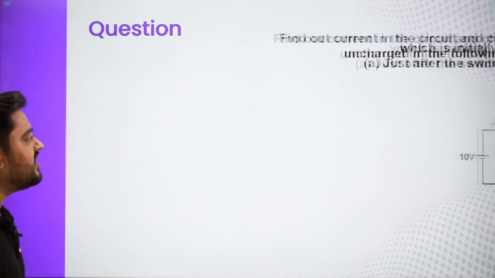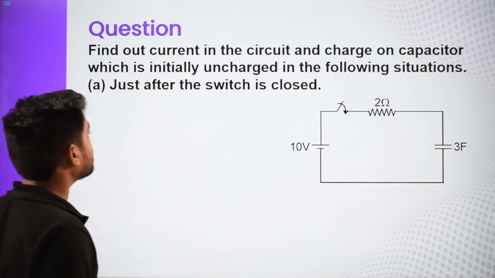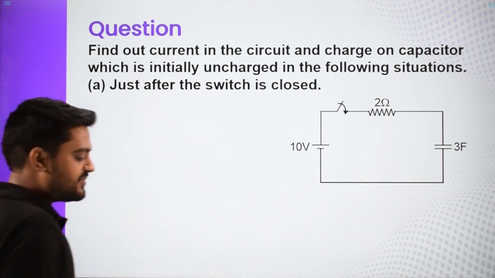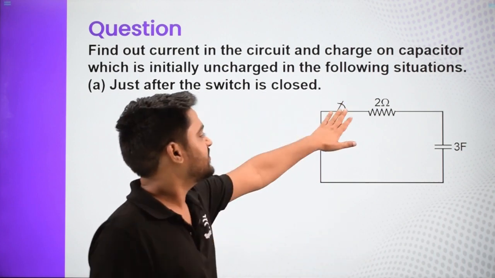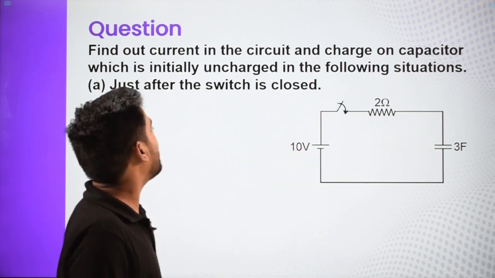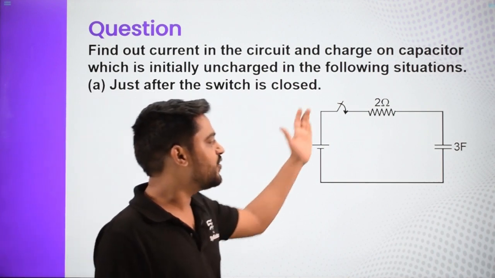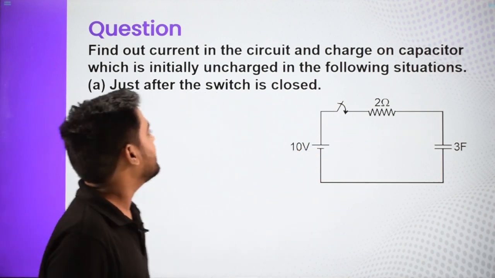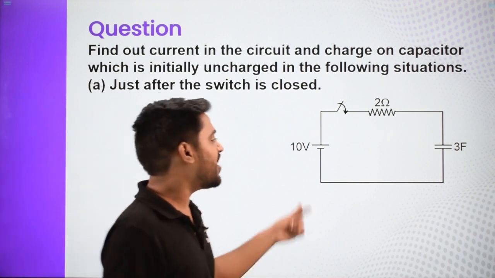Now let us have a look at another question where we have a capacitor in a circuit. Here we have a capacitor which is connected to a 2 ohm resistance, and this switch is initially off. At t equal to 0, just after the switch is closed, they are asking us to find the current in the circuit. So how much current is flowing?